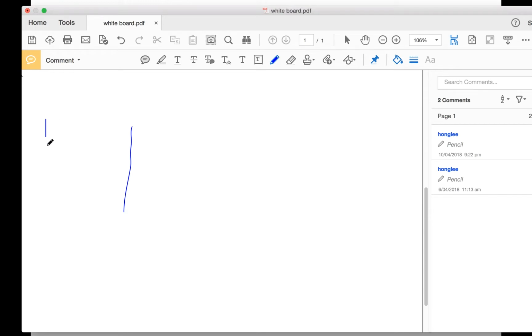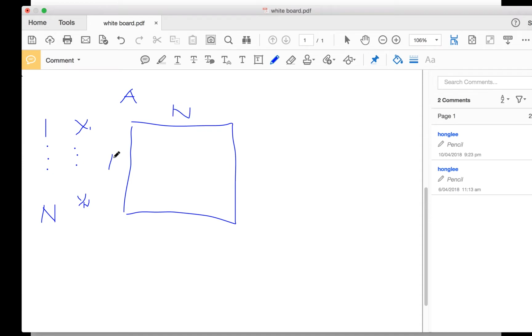If you have 1 to n individuals, then you also have phenotypes y1 to yn. Based on these individuals, there is a genetic relationship among them. Then you can get one matrix, called the A matrix, that is n by n.